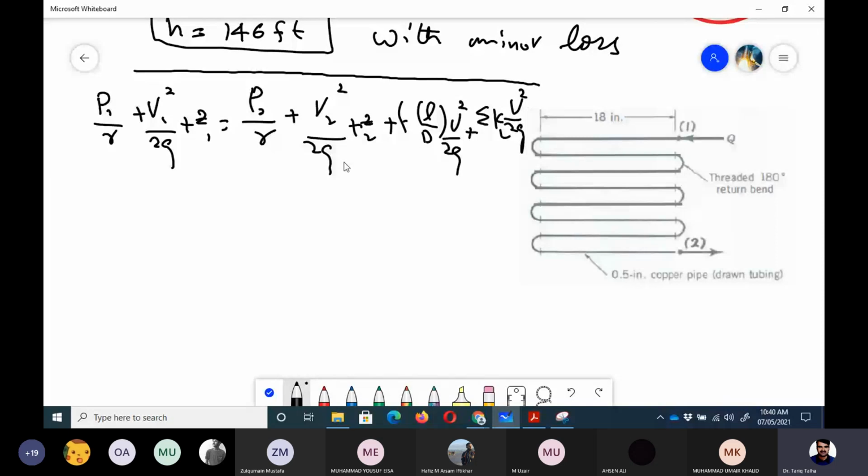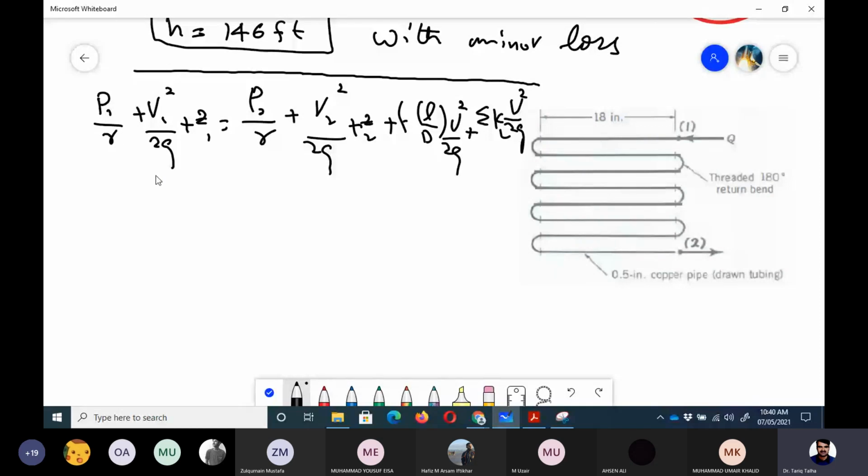So this is the equation. Now we start seeing what all these variables are. First of all, we need to determine P1 minus P2. There is nothing to be written for pressure, because the pressure difference is what we need to find.